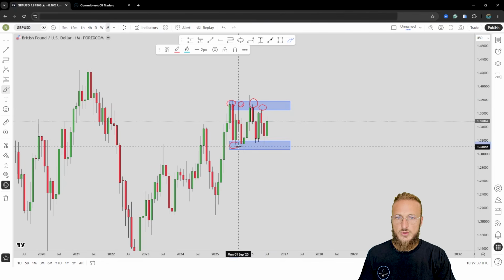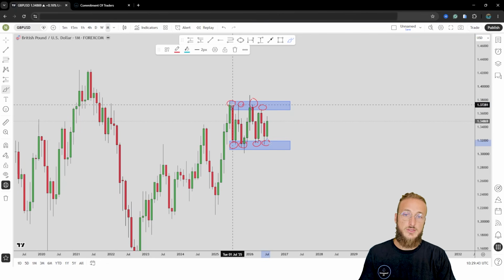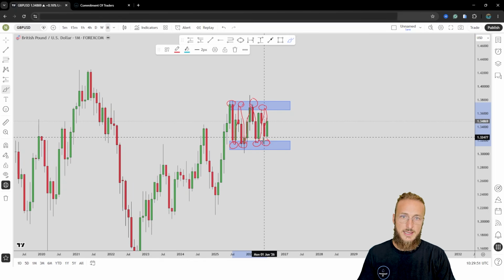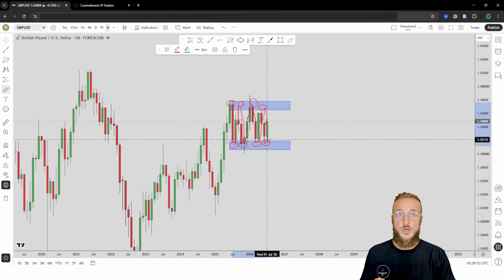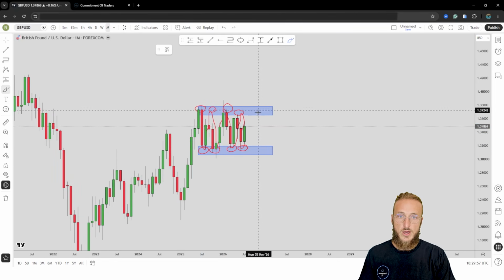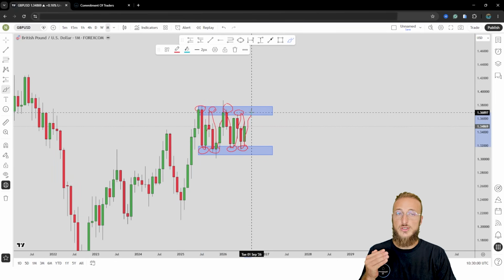So essentially what you expect when you have a range bound market is for the market to test the levels one at a time. So first you see a test of the high, then a test of the low, then a test of the high, then a test of the low, again and again. So the last test was of the low of the range. So the next logical step would be for the market to go and test the high of the range, which in fact is exactly what the market is currently doing.